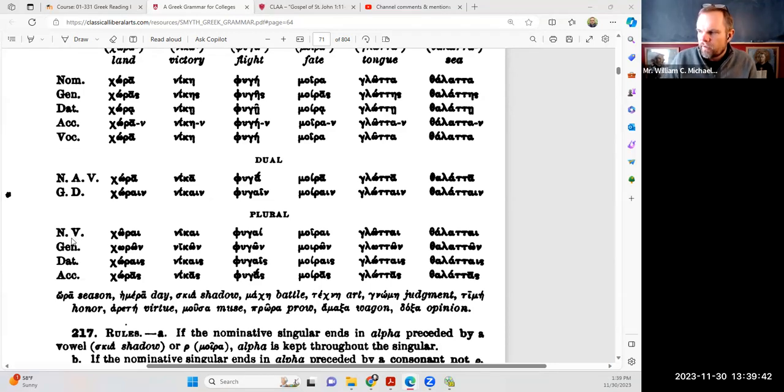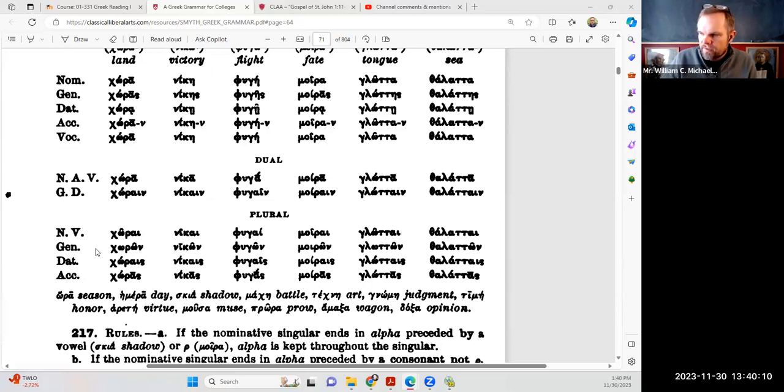So if we look across the nominative forms for the plural, how do we identify the plural form for the first declension? Iota, very good. So it's just iota. We have korai, nikai, fugai, moirai, glotai, thalatai. That's the nominative plural.